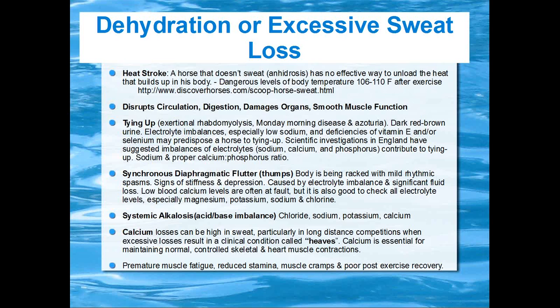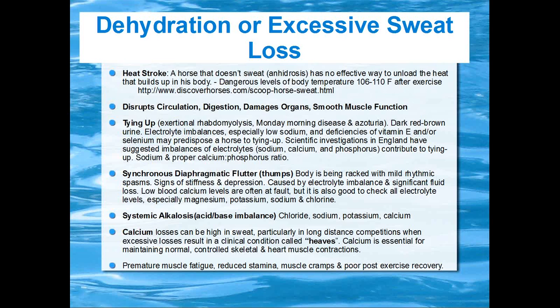We have thumps, which is another lay term. In a horse, you will see mild rhythmic spasms or muscle spasms, generally on the side or the rib cage of the horse. You may also see stiffness and depression, again caused by electrolyte imbalance and significant fluid loss.